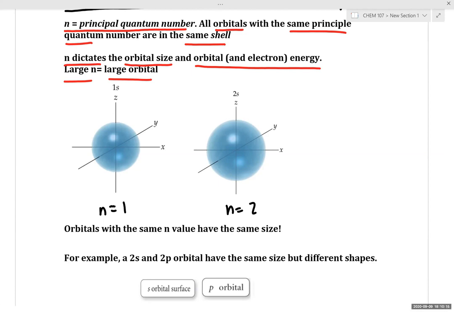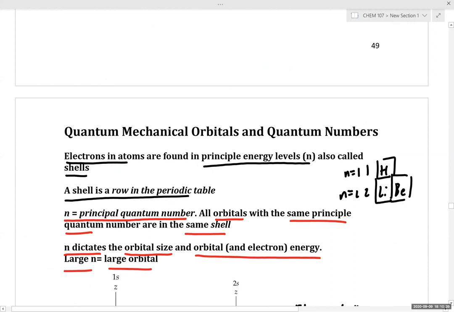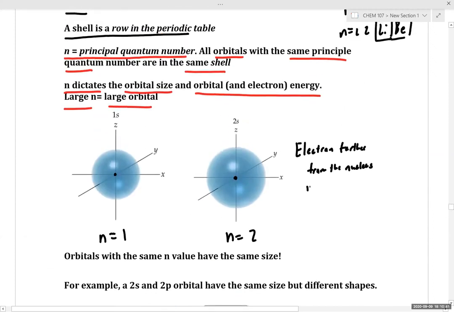Which electron is farther from our nucleus? If the nucleus is at the center, which electron is farther from the nucleus? n equals 1 or n equals 2? n equals 2, right? So our electron is farther from the nucleus, and because it's farther from the nucleus, it's higher in energy.